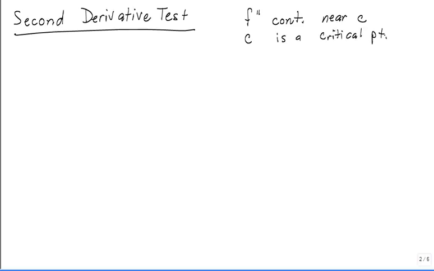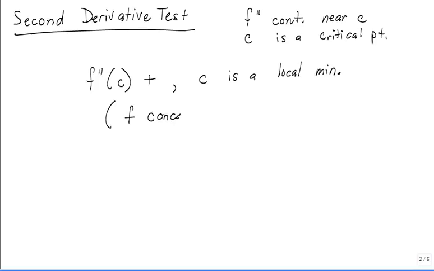So that means either f prime is undefined or f prime is 0. If C is a critical point, you plug it in to the second derivative. If the second derivative is positive, then C is a local min, because that means f is concave up at C, and that's a min.